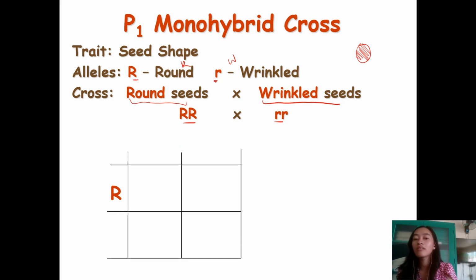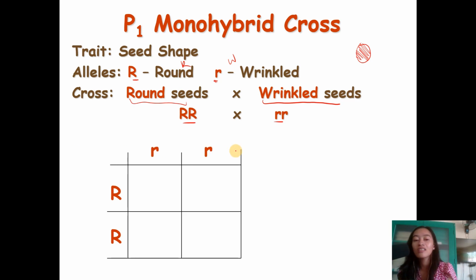So we will agree that we will write the first set here on the side, and the other across. Also take note that you're going to separate the letters per grid. So one small r, big R, small r, and small r.